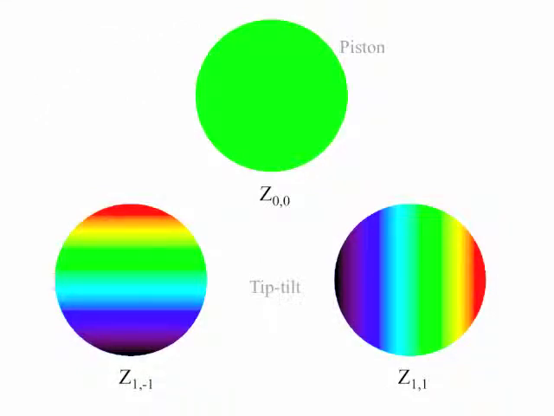If you can picture describing where the wavefront is, whether the wavefront is pushed a little forward or pulled a little back, it's an absolutely perfect planar wavefront, but we're describing its location in space. We refer to that as piston, and it is a Zernike polynomial written with a subscript of 0.